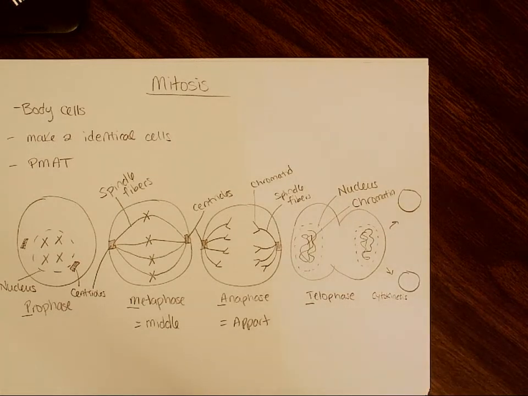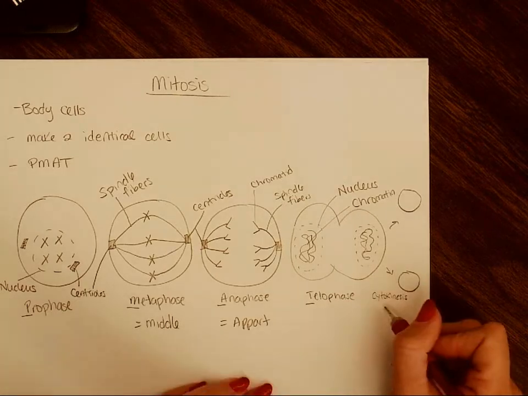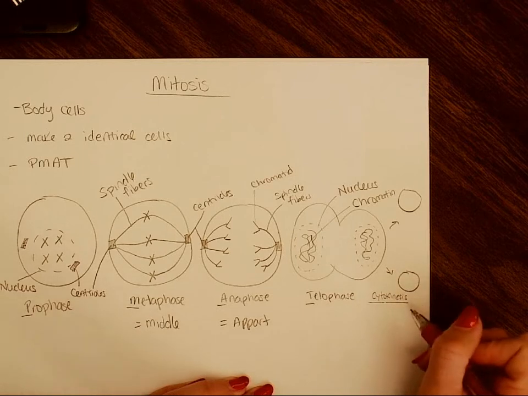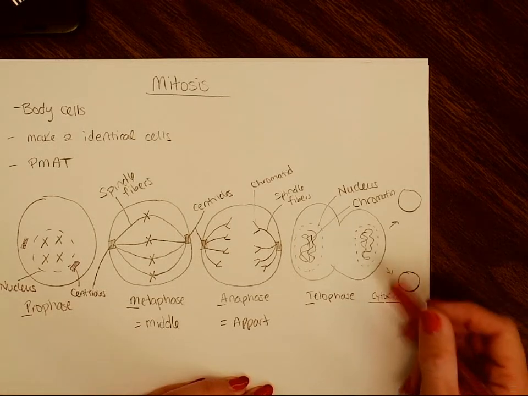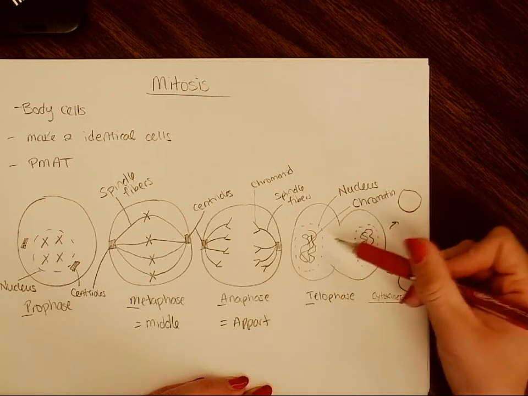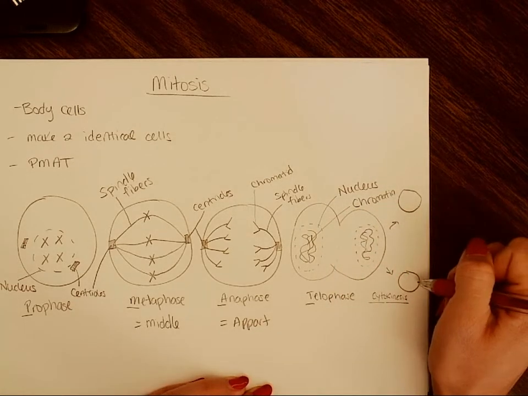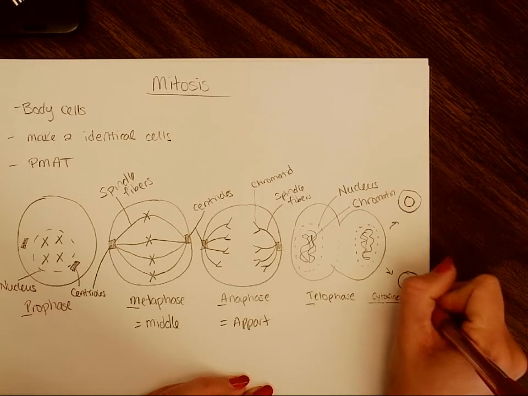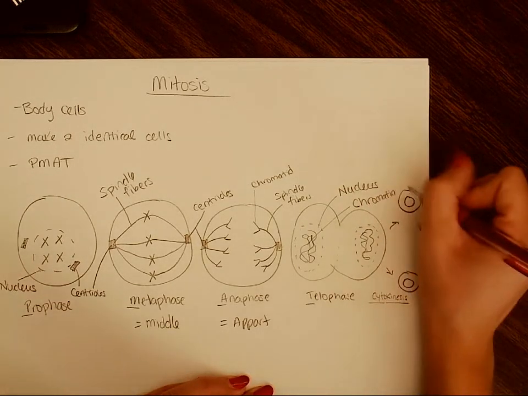Now, to actually get to individual cells, we have to go through a process called cytokinesis. Cyto means cell, and kinesis means cut. So we see that in the animal cell, the cell is going to start to pinch in until it forms two identical daughter cells. These identical daughter cells are then going to have a fully formed nucleus.